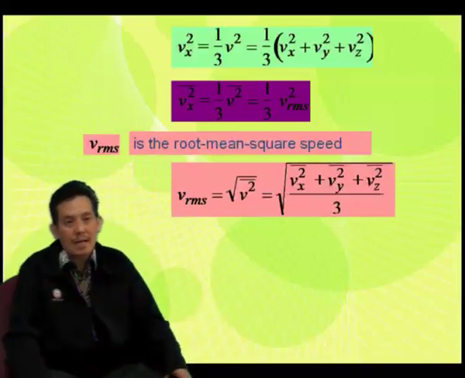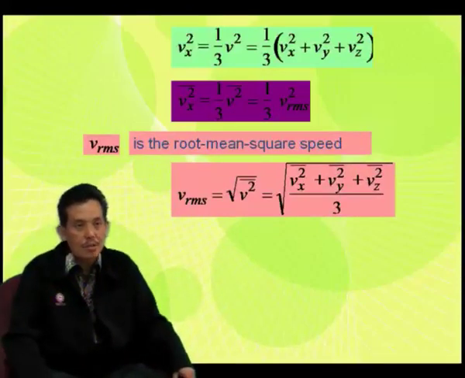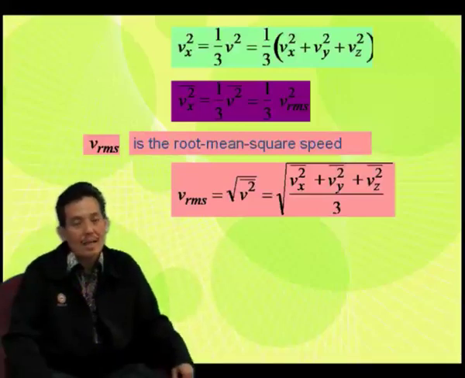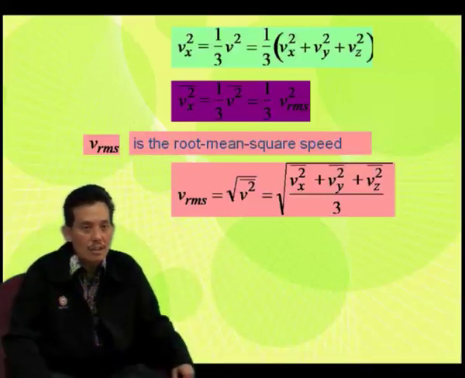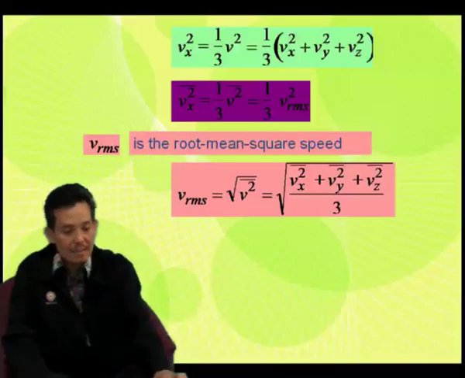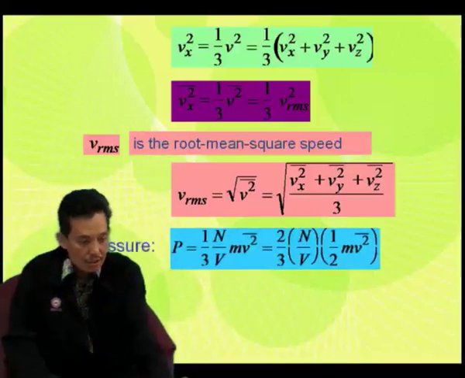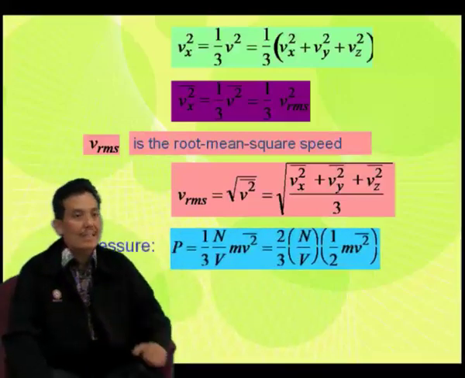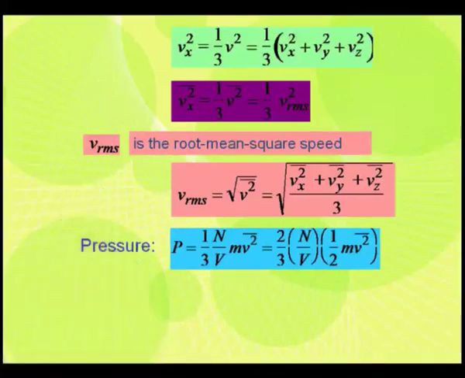Here speed RMS means the root mean square speed, written as on the presentation. So the pressure can clearly be shown as P equal to that.